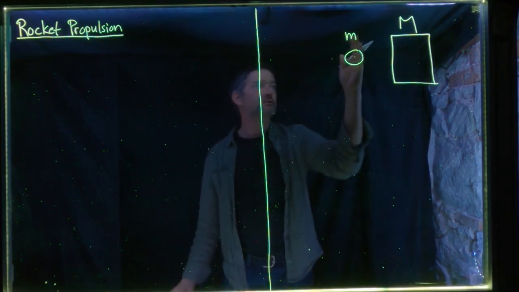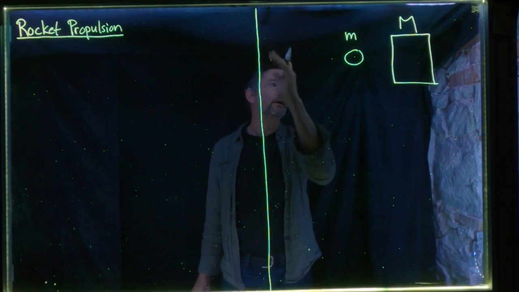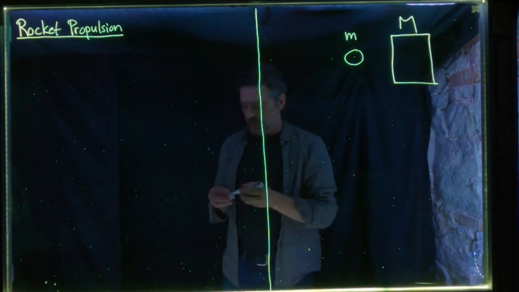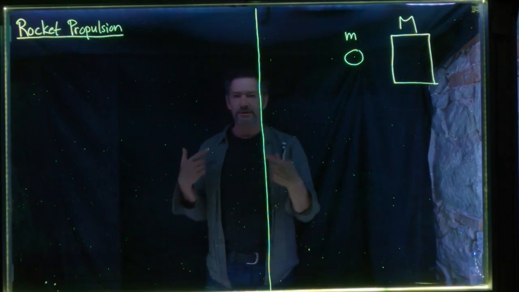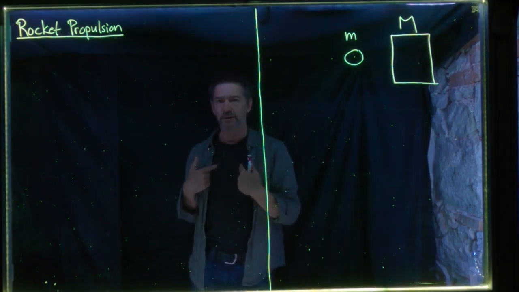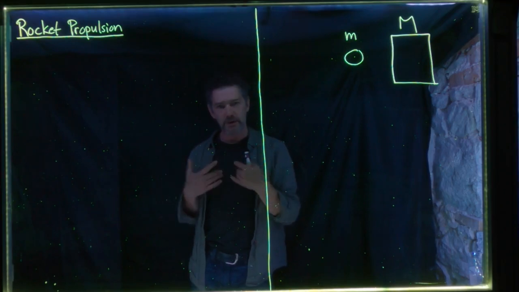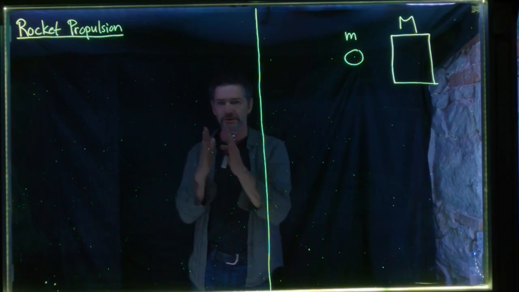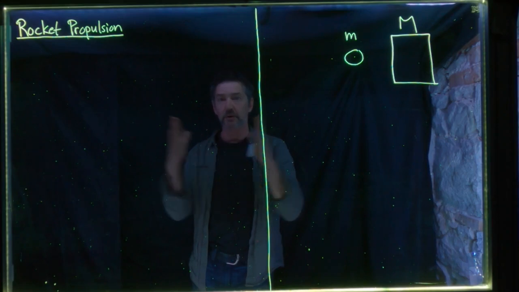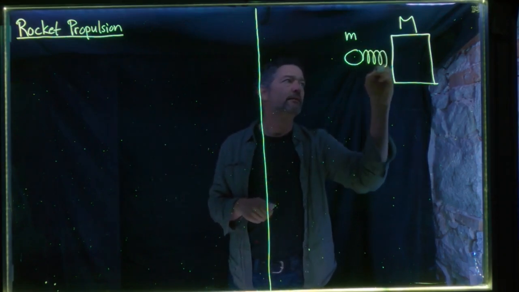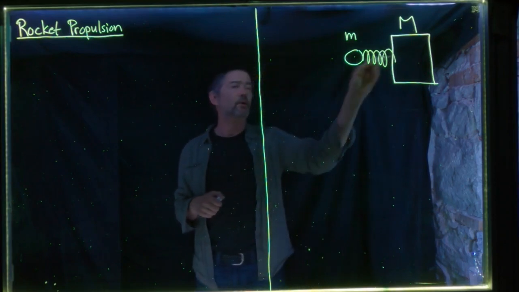But of course, when you exert a force on that cannonball that way, there has to be a force exerted on the rest of the boat that way. And so now we're going to replace me, which is sort of a really inefficient, complicated machine, with a compressed spring that we're going to let uncompress. So we're going to attach a compressed spring between the cannonball and the boat.